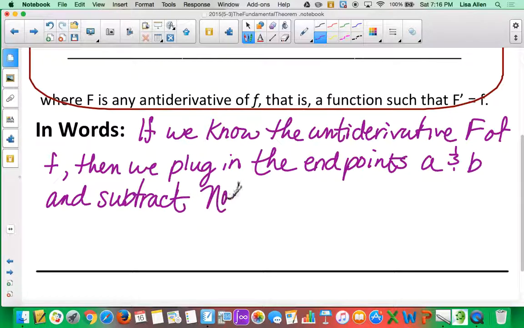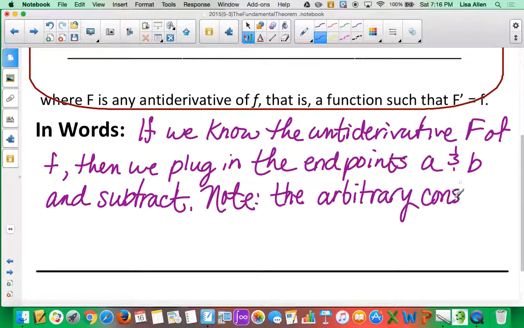Note the arbitrary constant found in the indefinite integral, the plus c, cancels. So we get this.